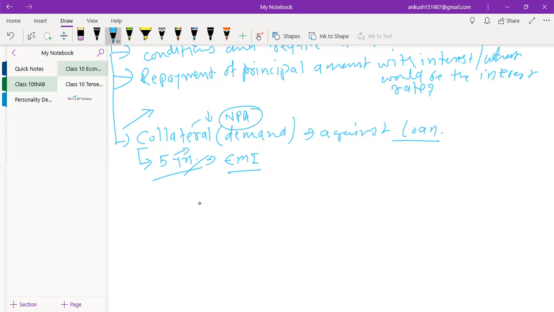In this case, the bank may meet with a loss for that particular loan amount. Even if the collateral was auctioned or sold off by the bank, still suppose that much amount of loan the bank could not recover, so the bank considers it as NPA.